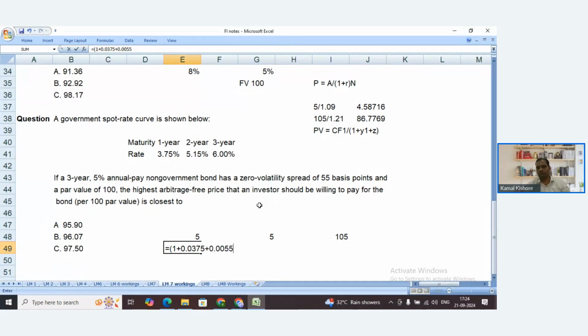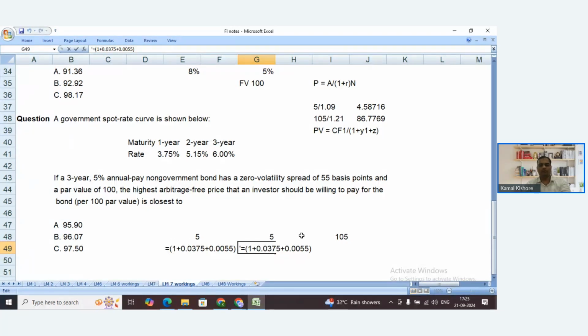Okay, follow this approach when you are learning, even in the exam also. You will get pen and paper. You should do this. Right? 55 basis points.